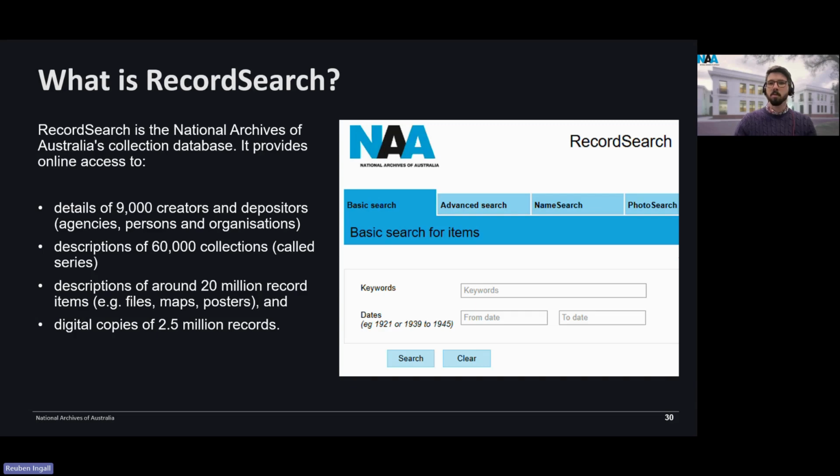The statistics on the screen are larger than that now as we continue to add item descriptions and digital copies to Record Search at a rate of several 100,000 each year. And the database currently describes about 43% of all items in the collection. So 43% of that 52 million.